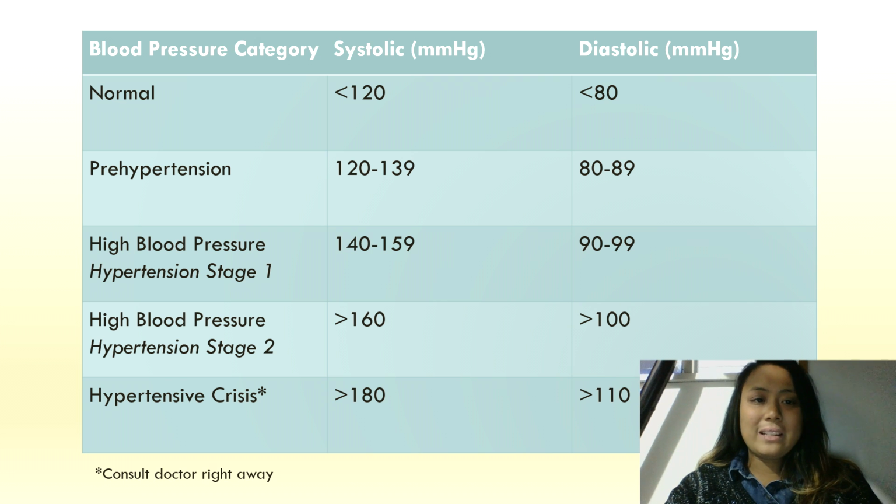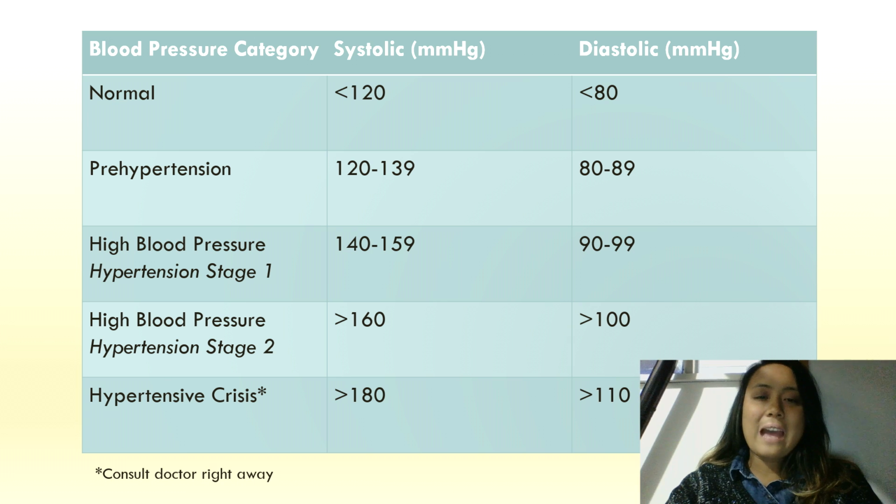Hypertension stage 1 starts at a systolic reading from 140 to 159 and a diastolic reading from 90 to 99. The second stage of hypertension is any reading that is above 160 on the systolic side and above 100 on the diastolic side.